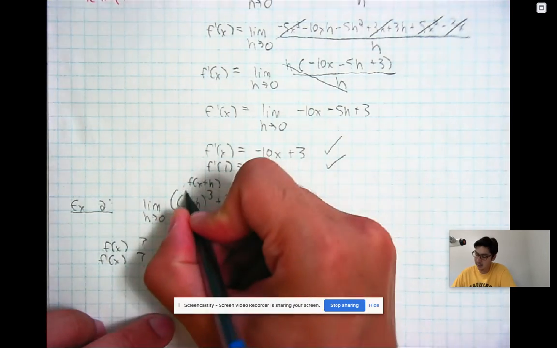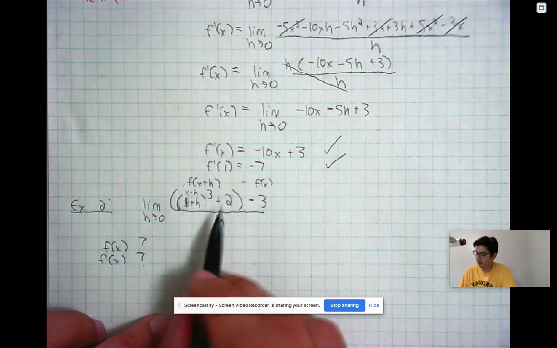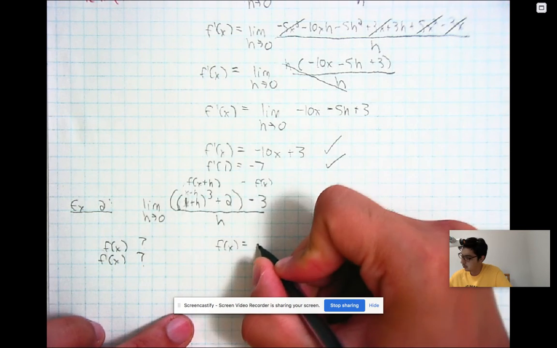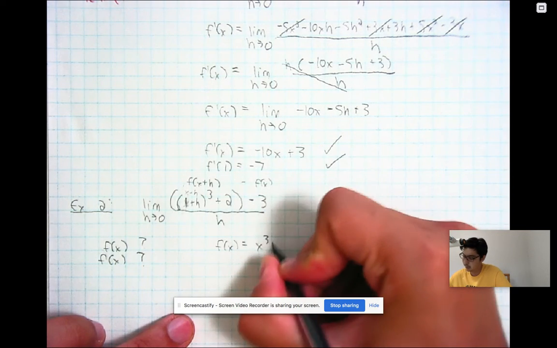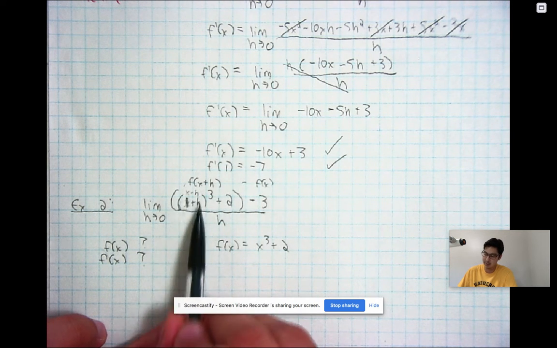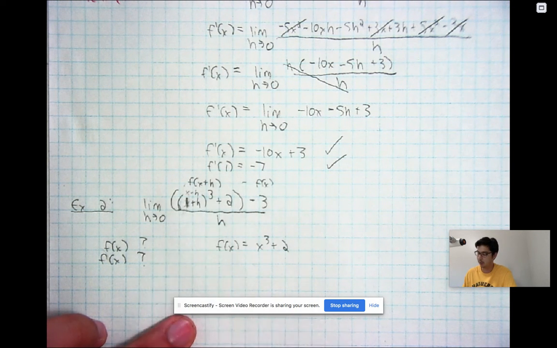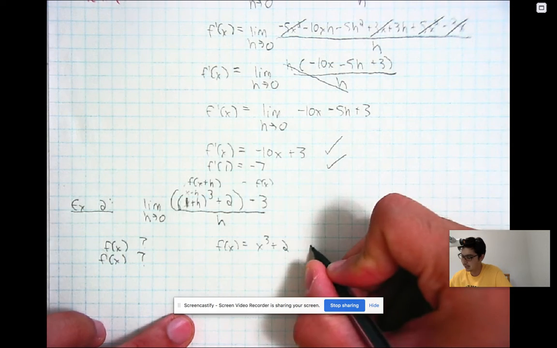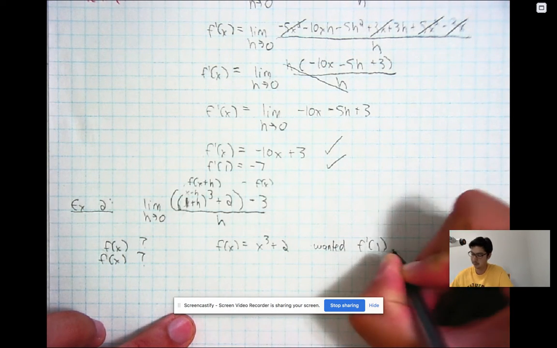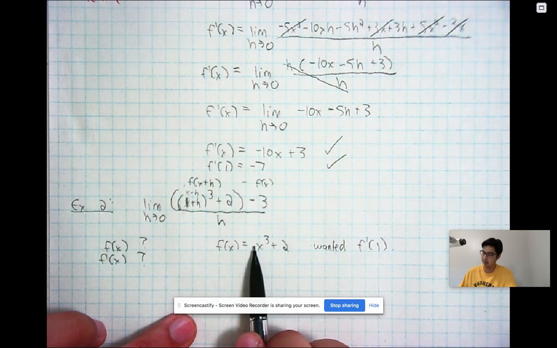So I'm thinking that this function f of x is equal to x to the third plus 2, because remember, they had to plug x plus h into here, so this was the original x. I think what they did is they wanted f prime of 1, in which case they plugged in 1.